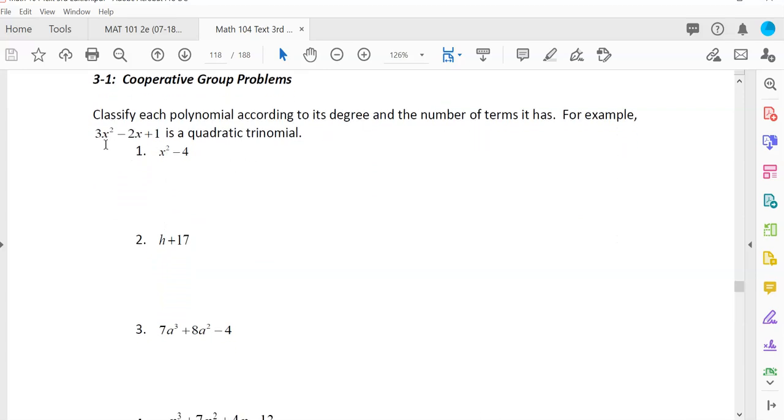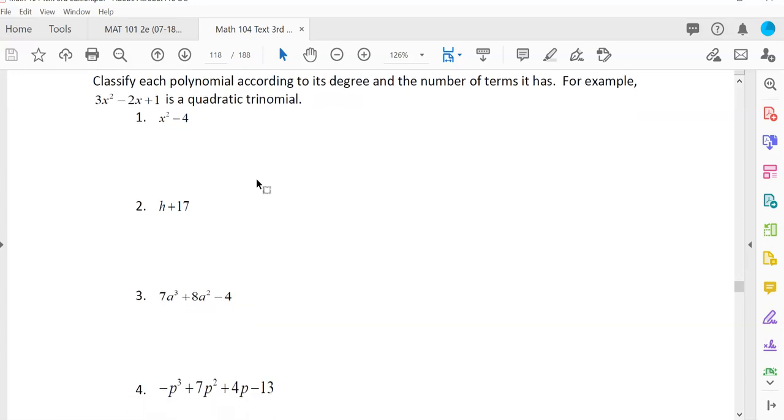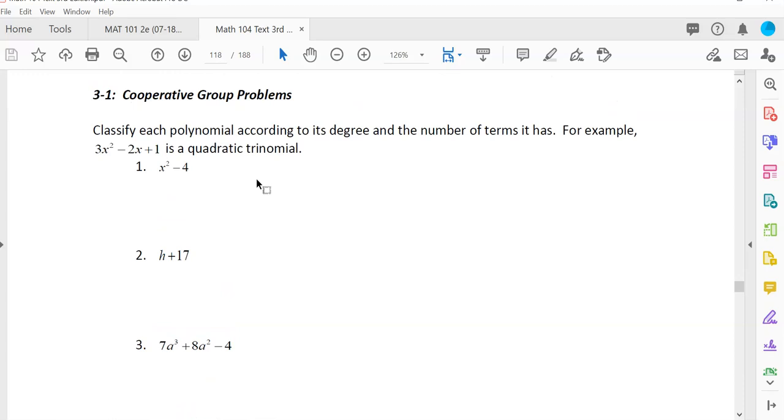For example, 3x squared minus 2x plus 1 is degree 2, which means quadratic. And there are 3 terms, so it's a trinomial. That is a quadratic trinomial. I'd like you to do that for all of these other problems in the 3.1 cooperative group problems.